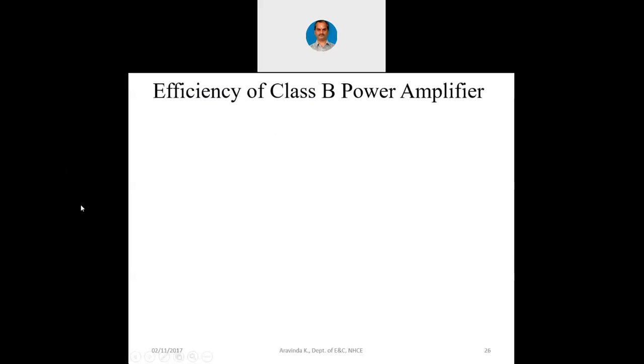Let us see the efficiency calculation for class B power amplifier. Input DC power is VCC into 2 IP by pi, because now it is working through AC. When it is working through AC, we are taking its value as 2 IP by pi. I hope you recall all these AC power calculations which were already dealt with in the first year's courses.